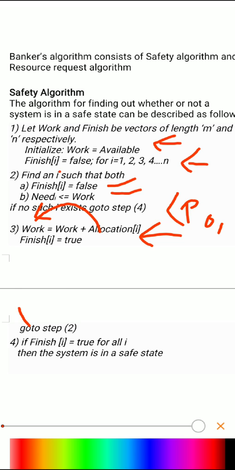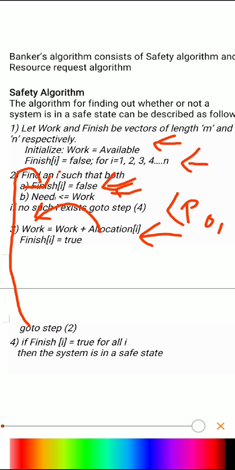After that we will go back to step 2, in which again we find any process that has not completed its task and whose need is less than or equal to work. If such a process is found, then we add that process into the safe sequence.